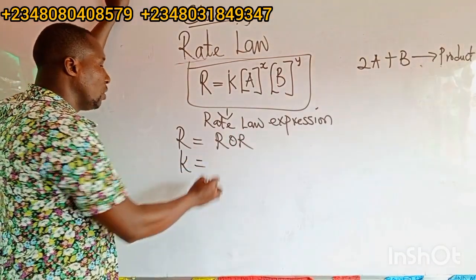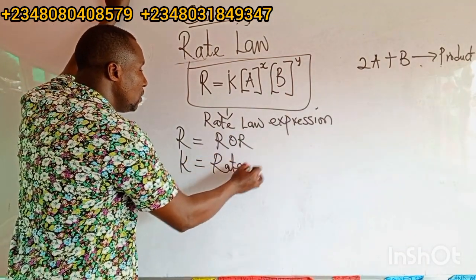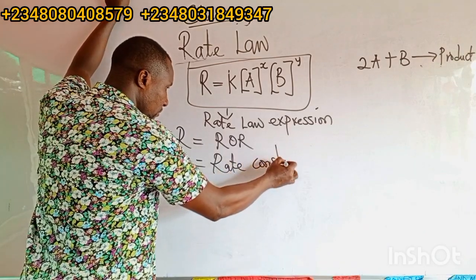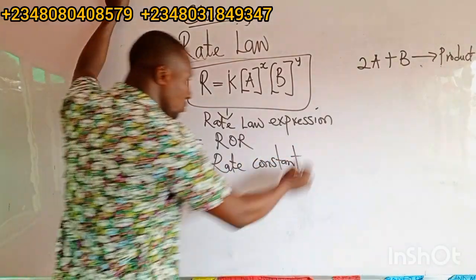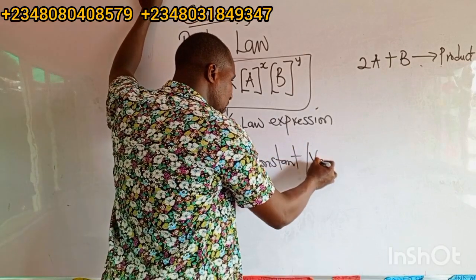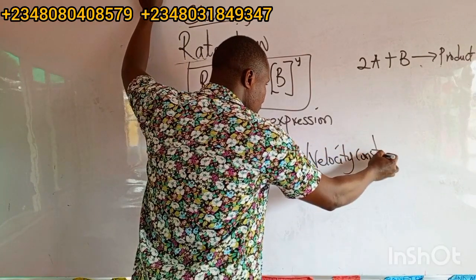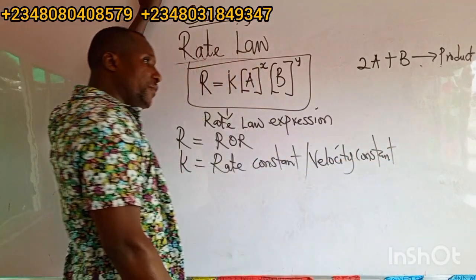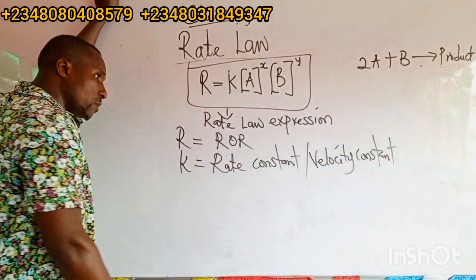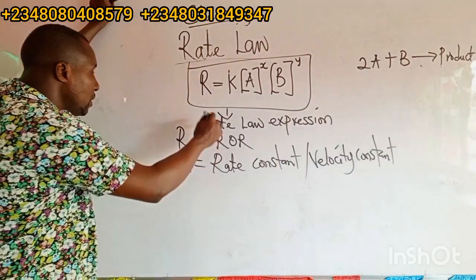K is known as rate constant, or you can call it velocity constant, or specific rate of reaction.